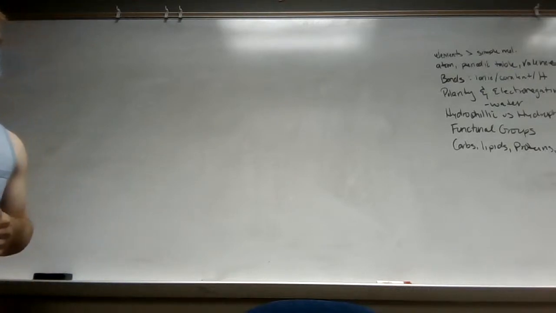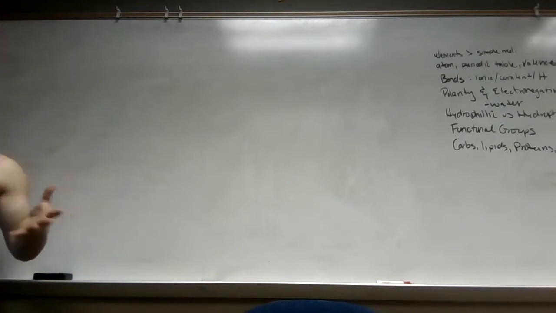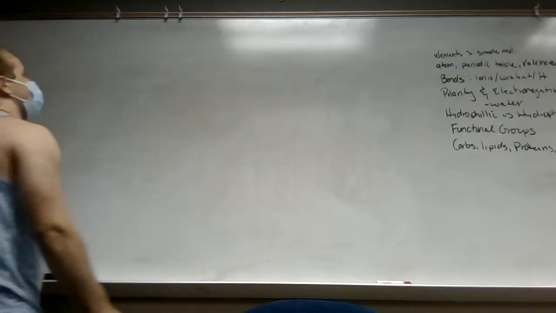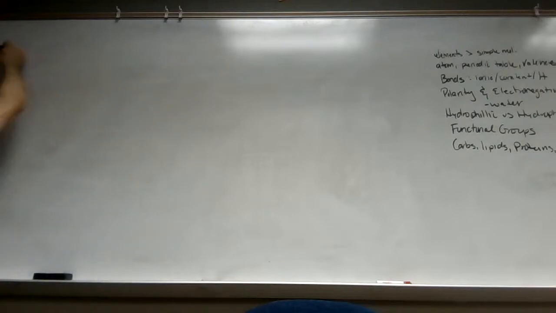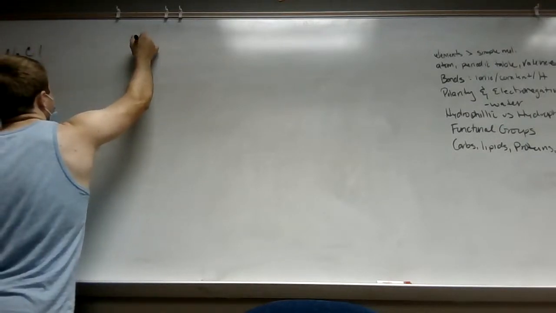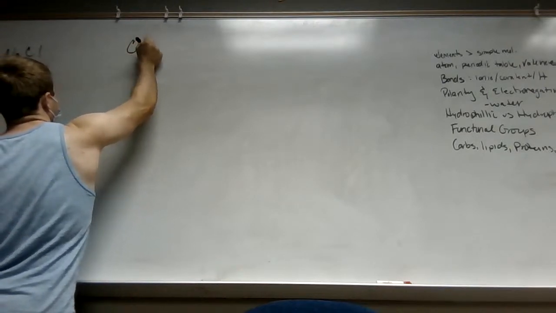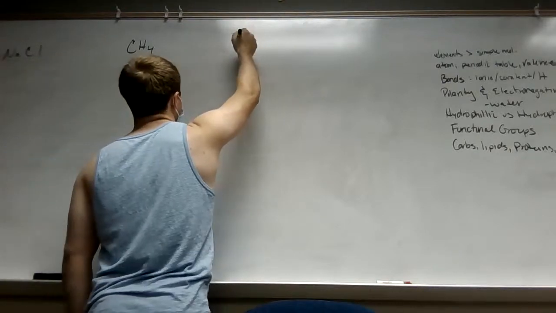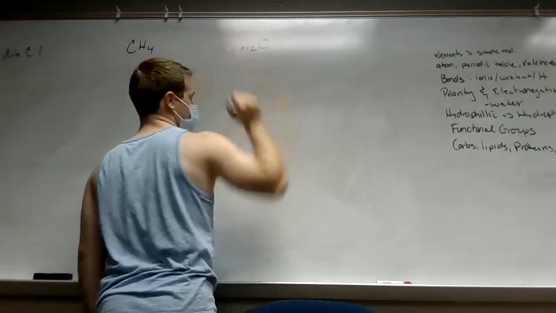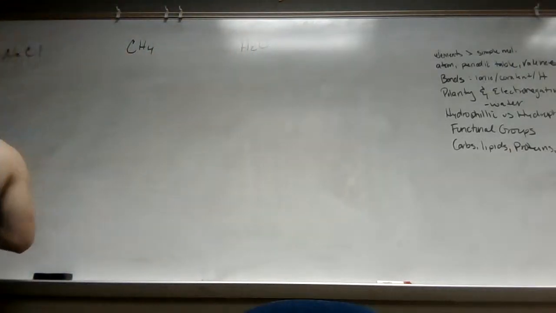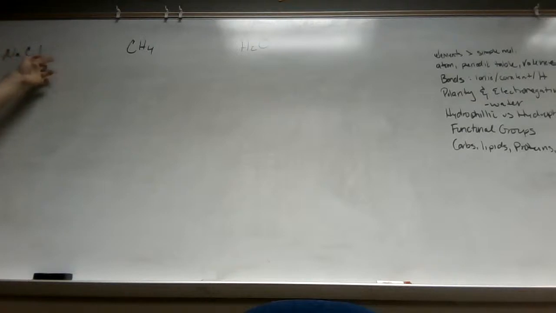So let's talk about why something would bond ionically as opposed to covalently. Start with sodium chloride, methane, and sodium chloride. We have one atom of sodium, one atom of chlorine.